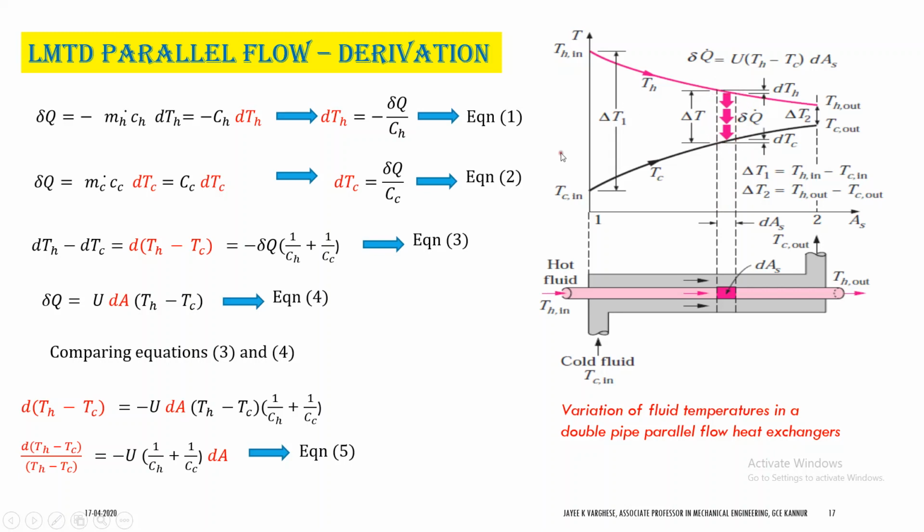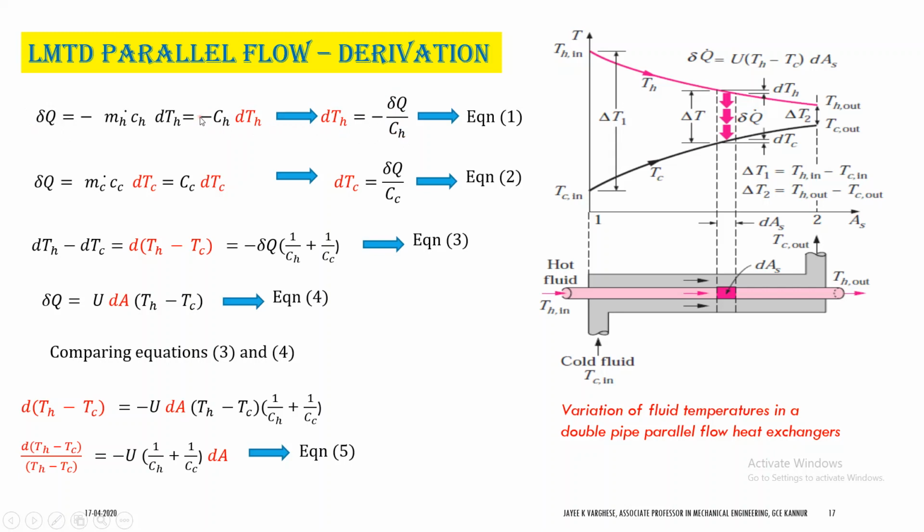So, we can write the small heat exchange over the elemental area, delta Q, is equal to negative m dot h Cph into dTh, that's equal to minus capital Ch dTh, which will give us dTh can be written as delta Q divided by Ch with a negative sign. So dTh is equal to minus of delta Q divided by Ch.